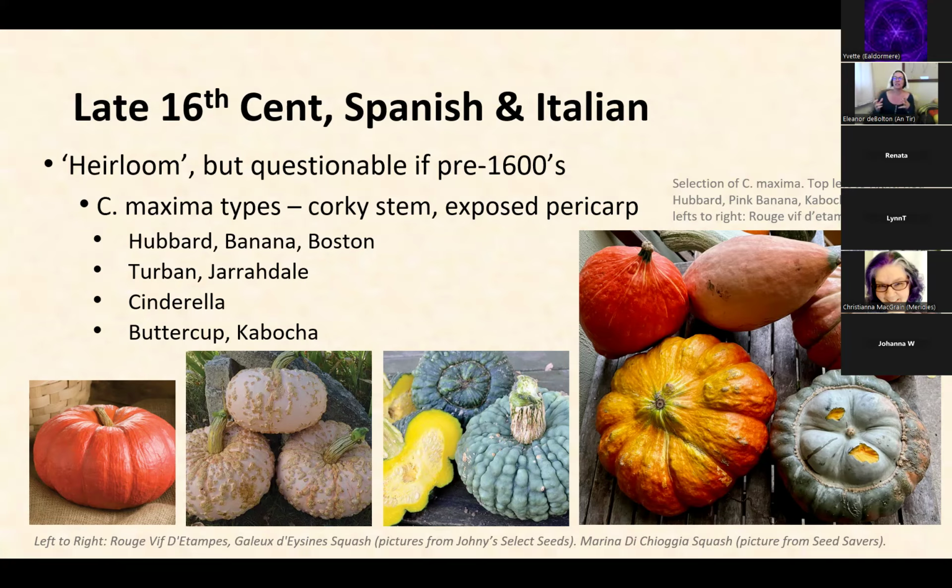Although by the names, a lot of them were species or varietals that were created in Europe, so perhaps not the most historically accurate if you're looking at that pre-1600 timeline. So, yep, Kabocha is our maxima.